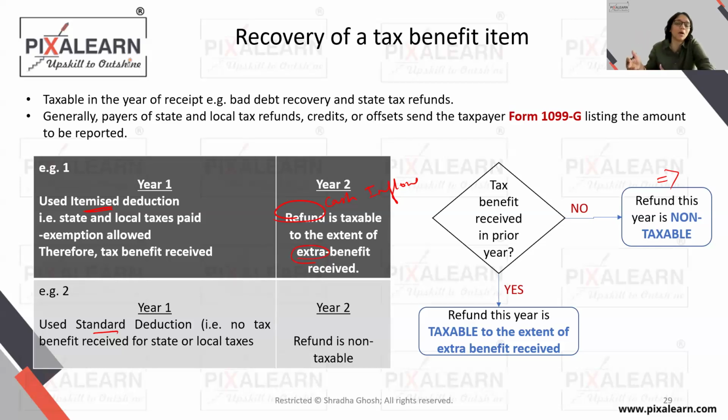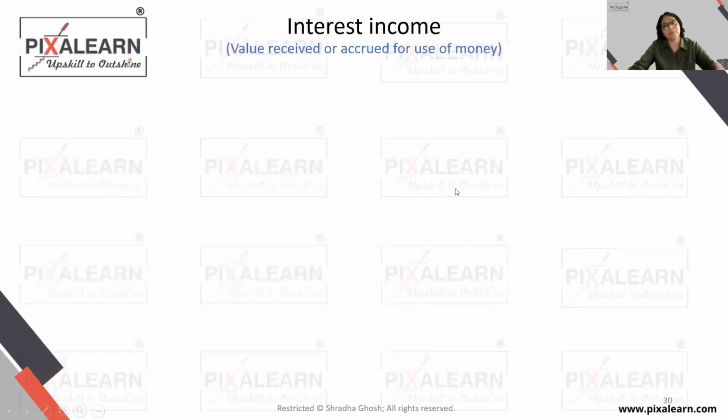So irrespective of the amount, I don't get a tax benefit. So every time where an earlier tax benefit is nullified, we need to offer it to taxation only if there was a benefit received earlier. Else, no taxation.